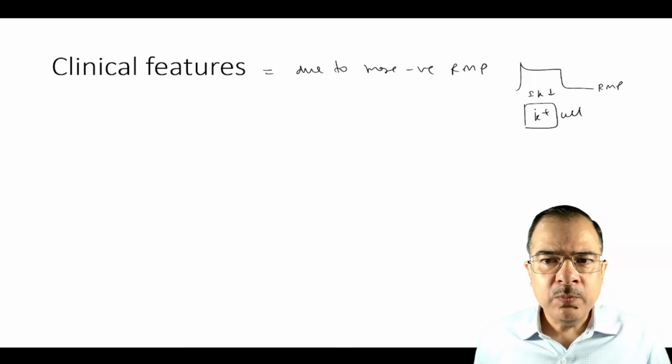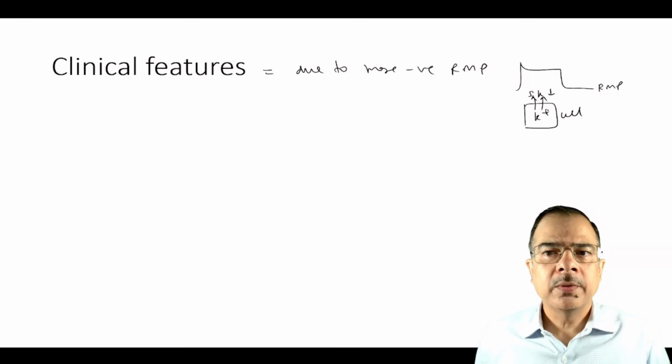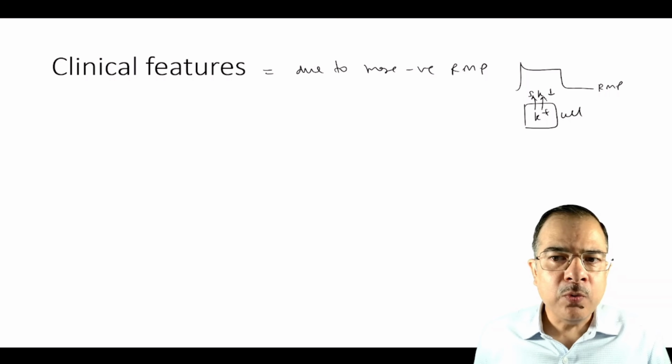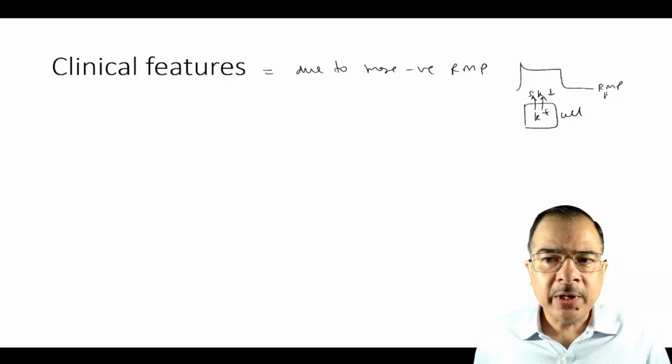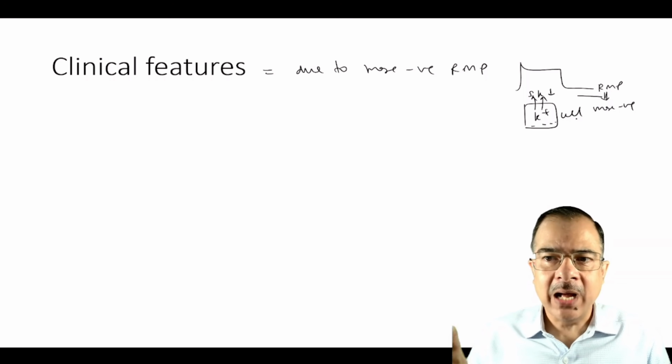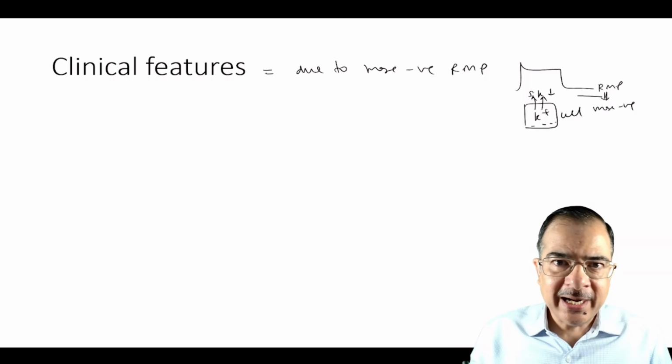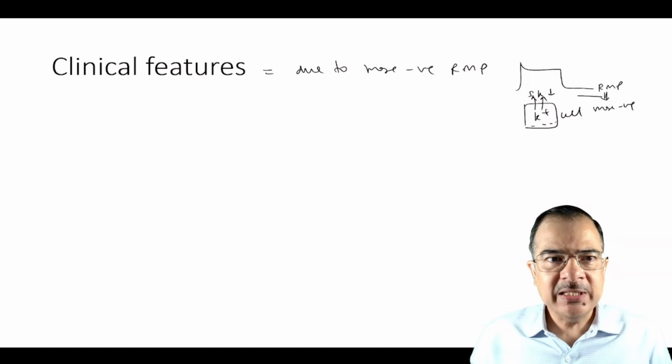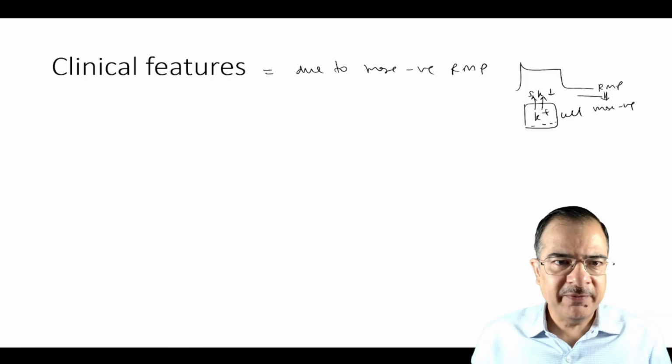This potassium will move out more and more. If the potassium is moving out more and more, the resting membrane potential becomes more negative. The cell is more negative inside. Negative charge will increase more inside, so the muscle becomes less excitable. RMP is low, so muscle excitability will reduce. So this is the main basis of these clinical features here.